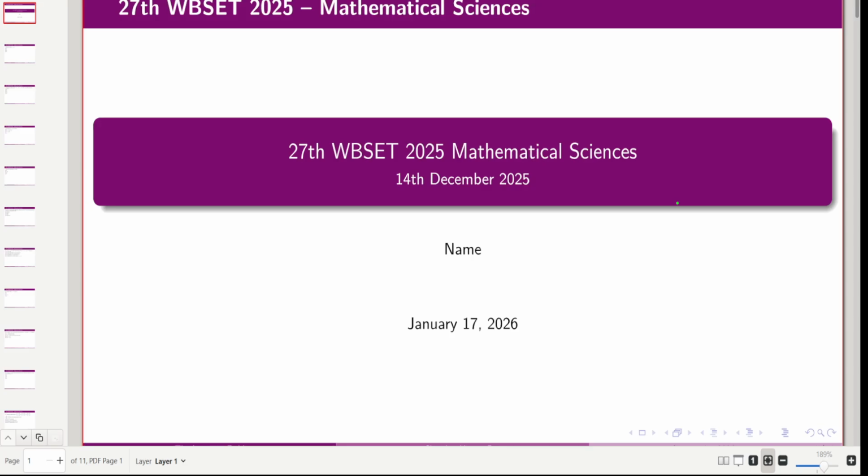So we are starting in this session the solution of WBSET mathematical science. The 27th of WBSET mathematical science 2025 was held on the 18th of December 2025.